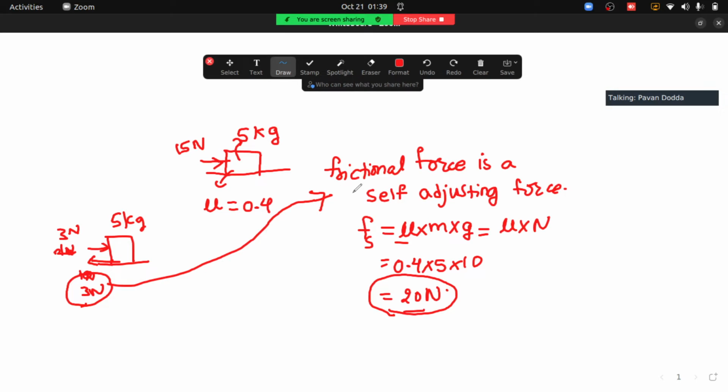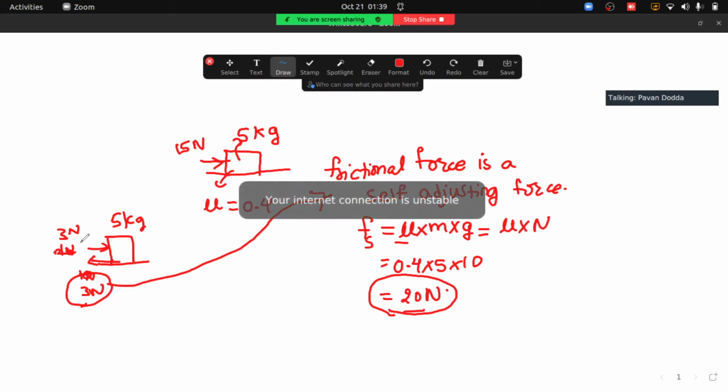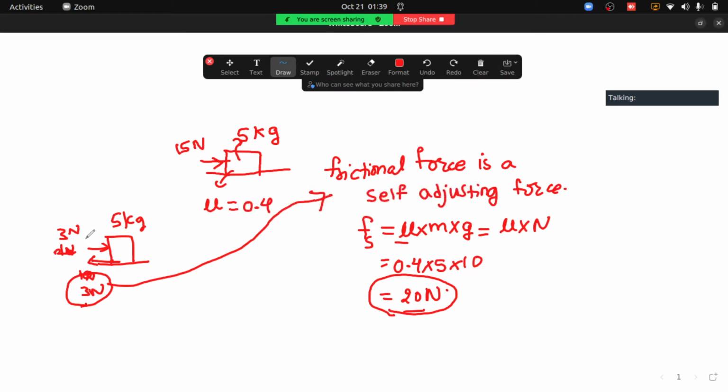Whatever force we are applying, the frictional force also adjusts. If I apply 5 Newton, the frictional force is going to be 5 Newton to oppose it. If I apply 20 Newton, the frictional force is going to be 20 Newton.